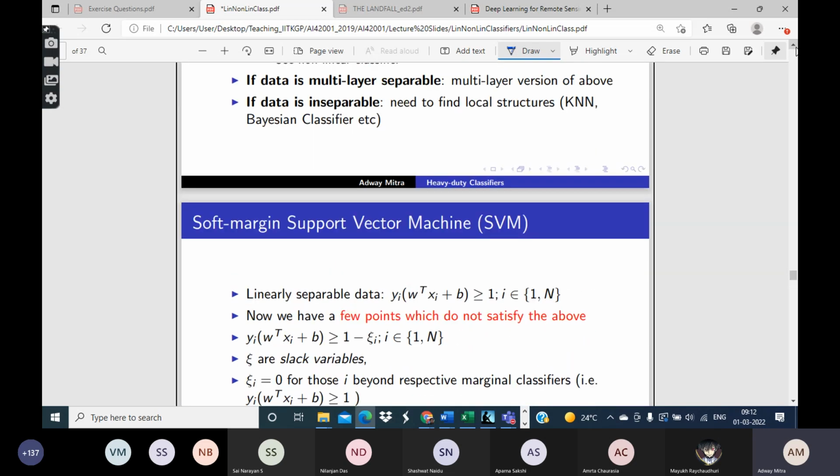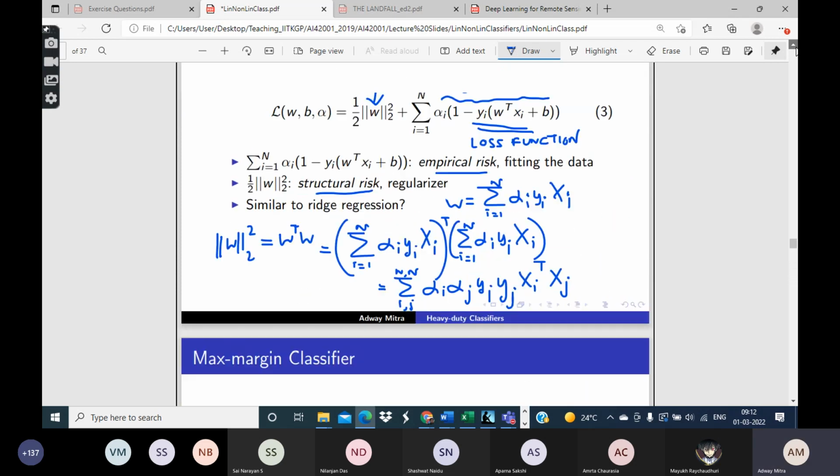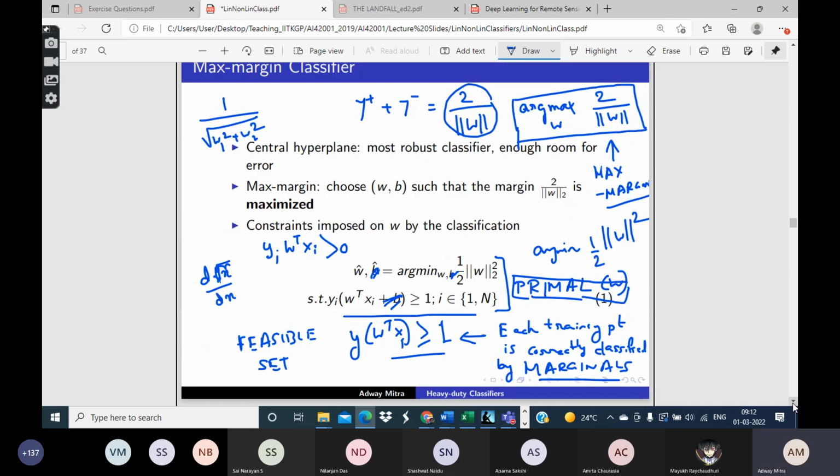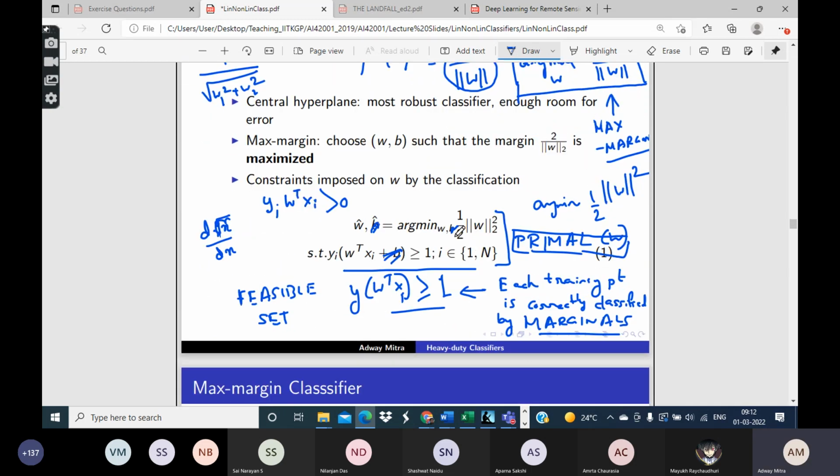So the problem here is, yeah, this is the original formulation. The reason why we will not be able to go ahead with this formulation itself is that this constraint, that all the data points are going to be correctly classified by both the marginal classifiers, is no longer true, because we have assumed the presence of some outliers for which this is not going to be correct.